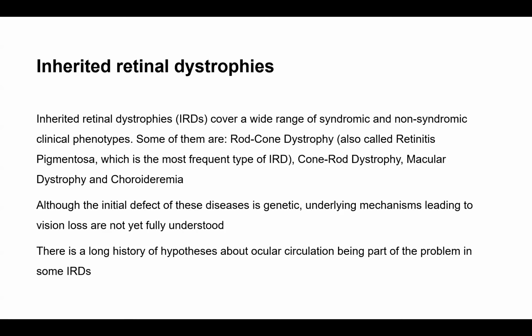Although the first defect of this disease is genetic, the underlying mechanisms leading to vision loss are not yet fully understood. In particular, there is a long history of hypotheses about ocular circulation being part of the problem in some IRDs, including choroideremia.